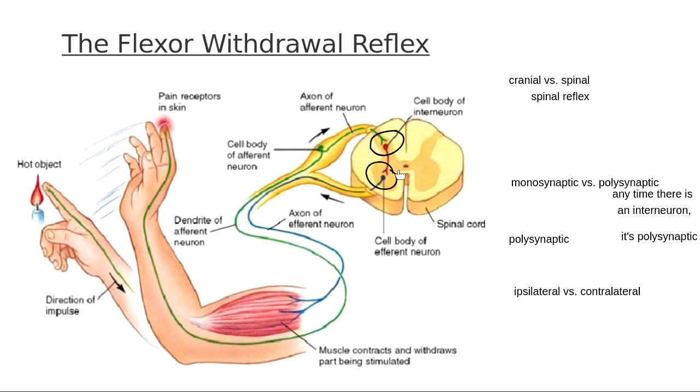And I know we had some discussion here, ipsilateral versus contralateral. Let's do a little vote here in our chat again. Do we think ipsilateral or contralateral? Where do we feel like we ended up on this one? Yeah, so we're agreeing, we're ending up on ipsilateral. Remember, ipsilateral means it happens on the same side.